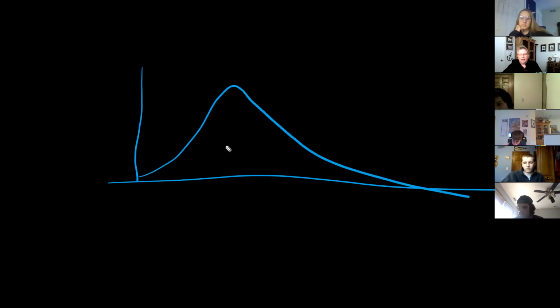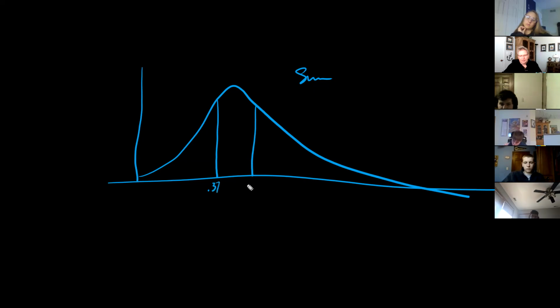So here's your curve. The curve looks something like this. And what I'm going to do is, let's imagine this is for the sun. 0.37, 0.76, whatever the numbers are, in micrometers.